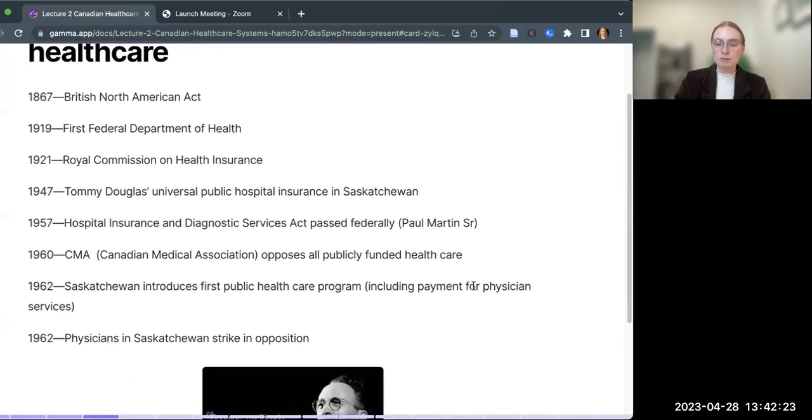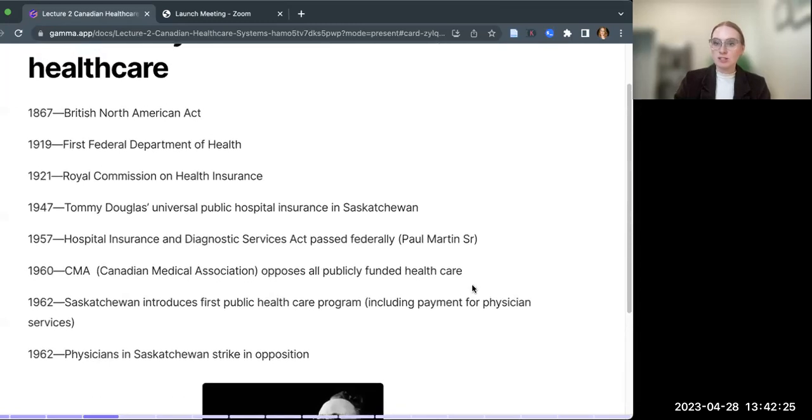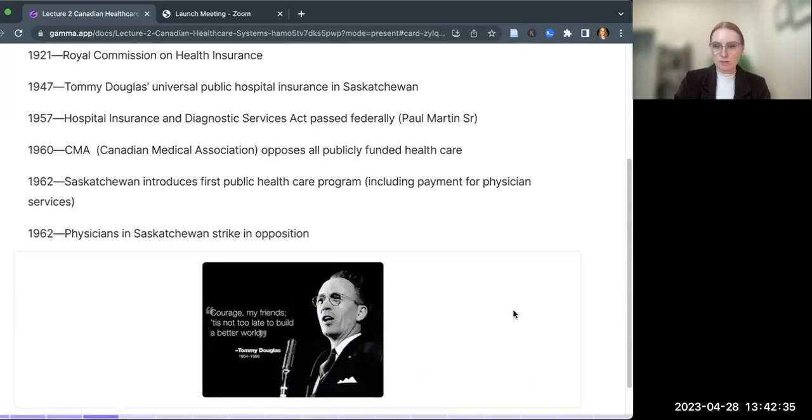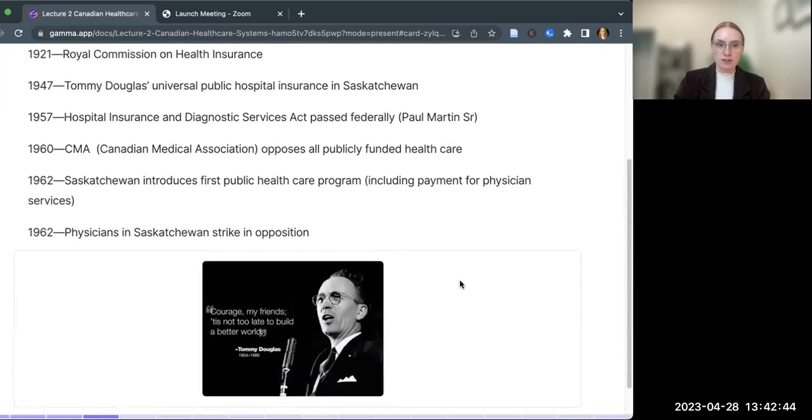So it hasn't always been peachy between healthcare providers, especially people getting paid by the public system, and public interests related to universal health coverage. So this is a picture of Tommy Douglas saying, "Courage, my friends, 'tis not too late to build a better world." So really someone who set the stage for our modern Canadian universal healthcare system.